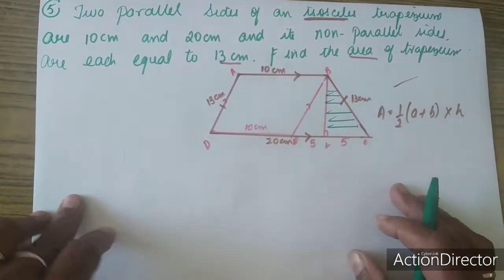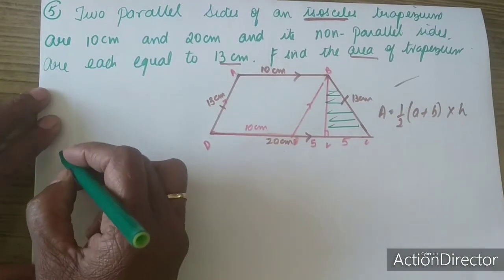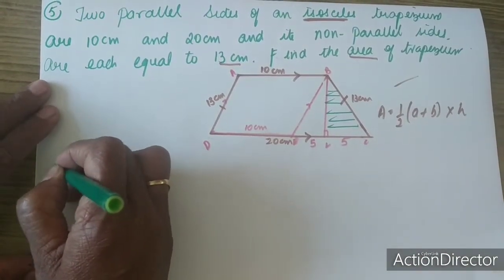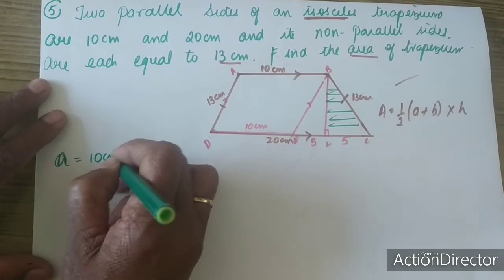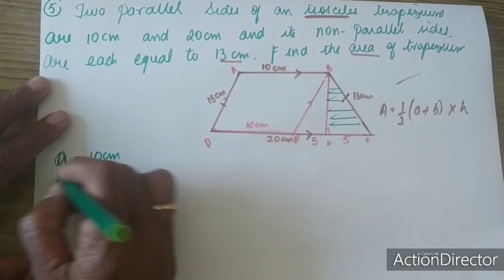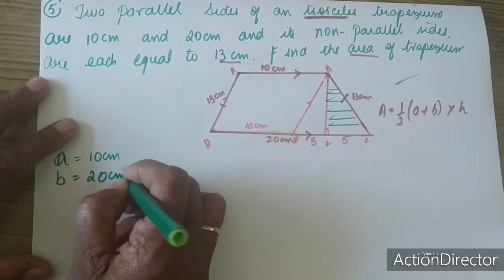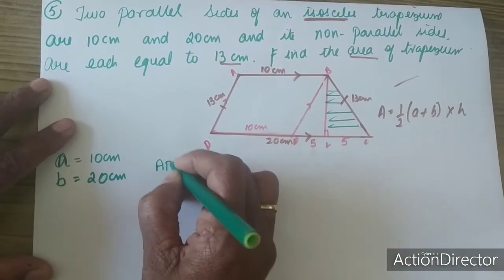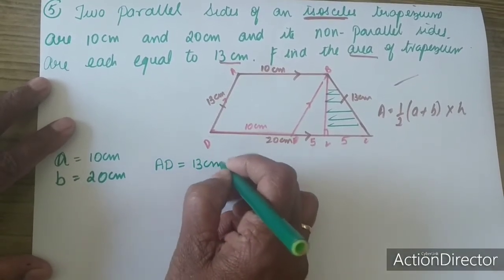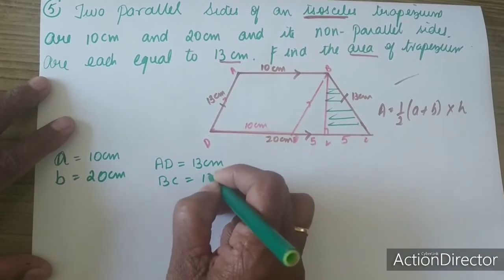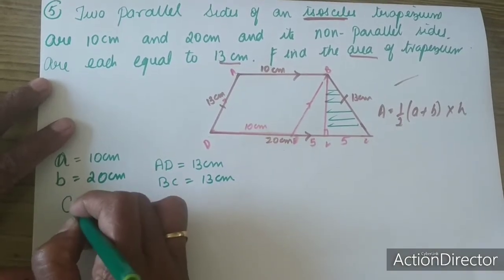Let me show this all in steps. So first things first, what is given, you write. Small a is equal to 10 centimeter. B is equal to 20 centimeter. And AD is equal to 13 centimeter. And BC is equal to 13 centimeter. Now I am going to do a construction.